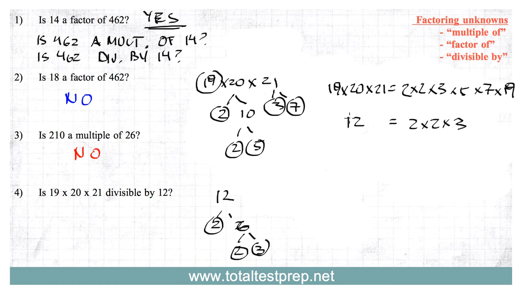And so is 12 a factor of this big number over here? It is, because all of the prime factors of 12, 2, 2, and 3 occur up here. In other words, we can take a 2 from here, that corresponds to this 2 over here, and this 3, to show that if we combine these, we'll get 12, and therefore 12 is a factor of 19 times 20 times 21. So the answer here is yes.